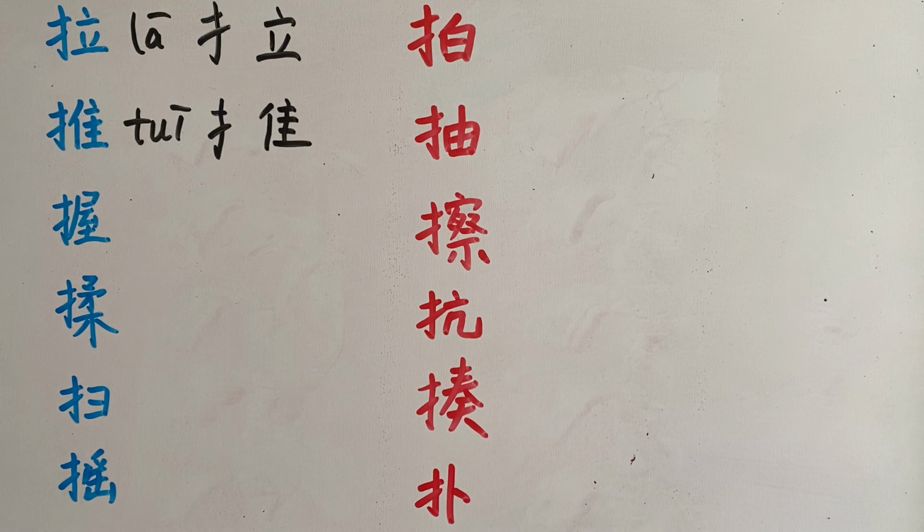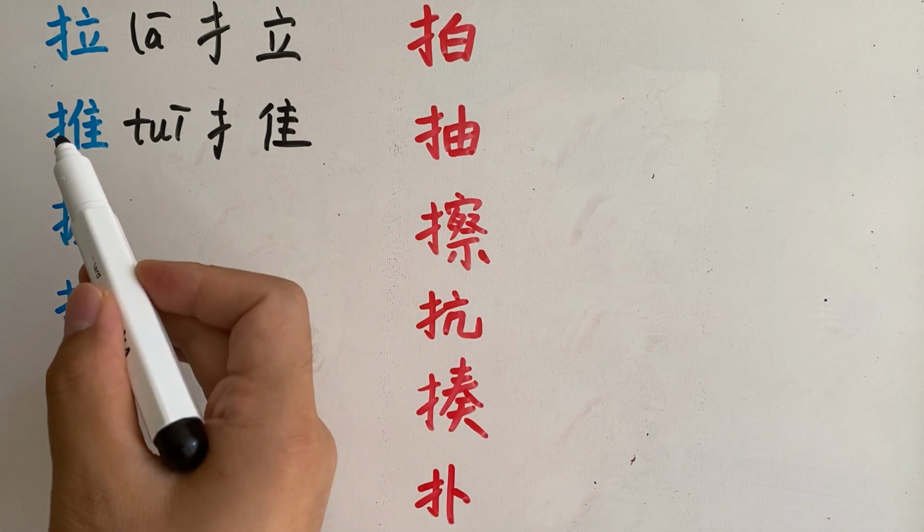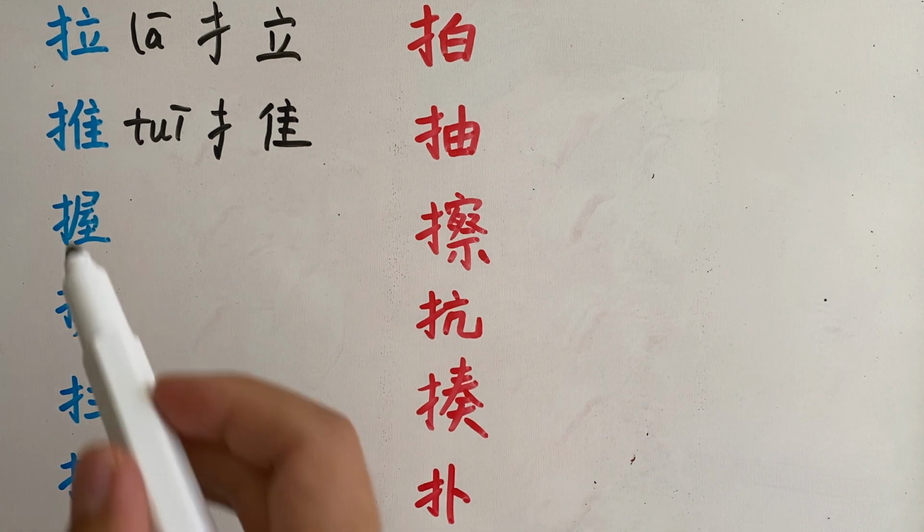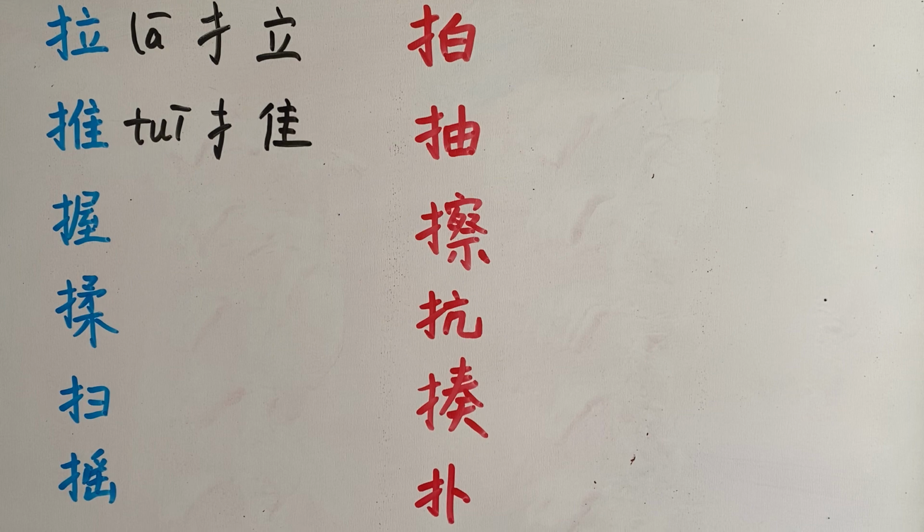We don't say 拉推门, right? We use this character in the front. 推拉门, not 拉推门. It's a habit, a language habit, so get used to it.